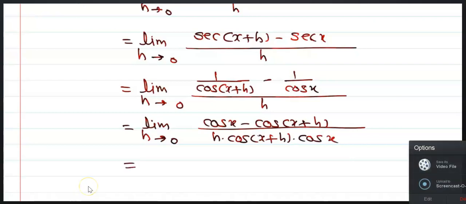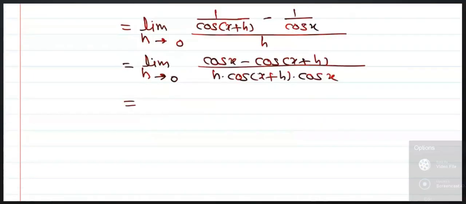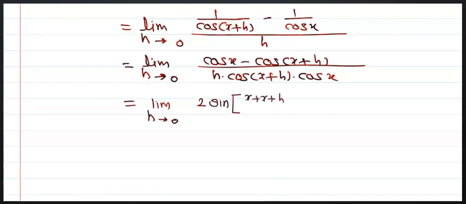Now here we will apply the formula for cos c minus cos d. Cos c minus cos d, in this case, that is minus 2 times sine of c plus d upon 2 into sine of c minus d upon 2. Also we will apply this type of formula.